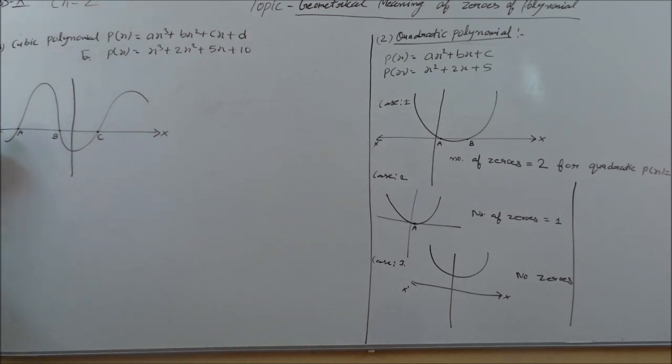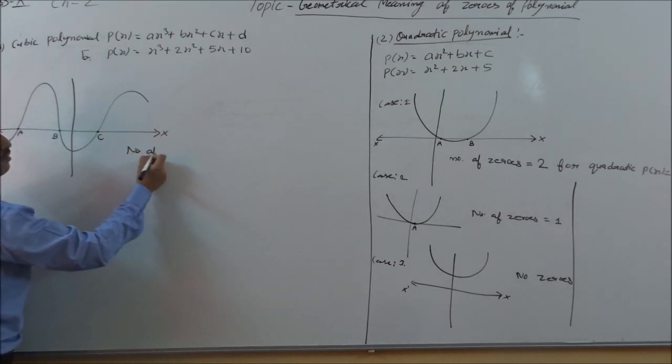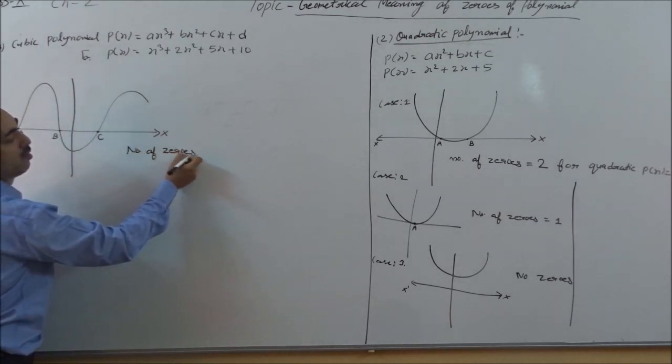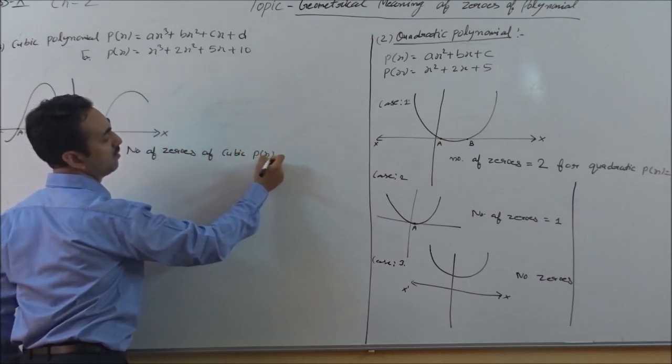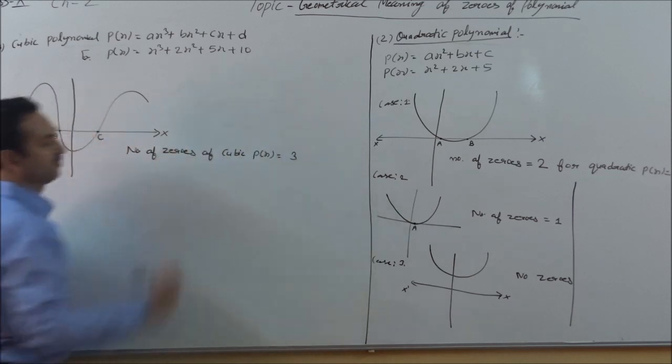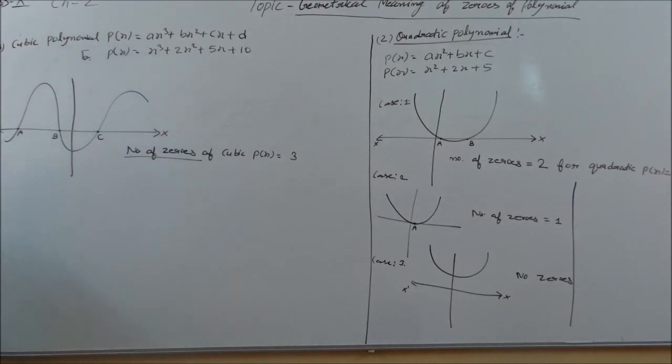So the graph of the cubic polynomial passes through 3 points. So the number of zeros of the cubic polynomial is 3. We are just discussing the number of zeros on the basis of graphical representation.